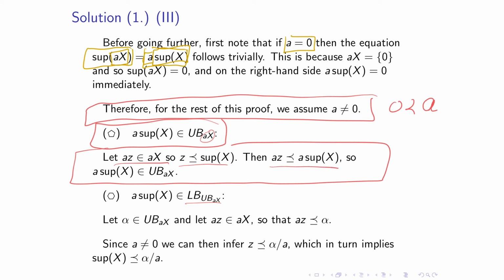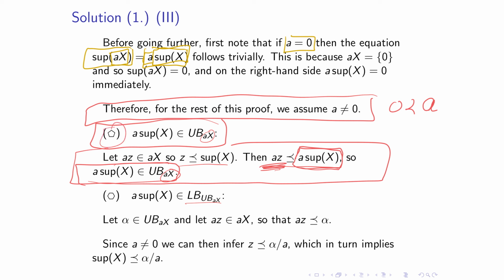That preserves the direction of the inequality because a is positive at this point. And what this then demonstrates is that a sup X is an upper bound on the set of all az, which is to say it is an upper bound on the set aX. Okay, so that concludes this pentagon part of the demonstration.